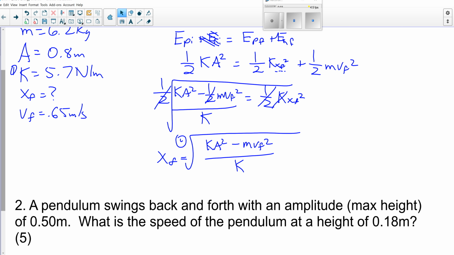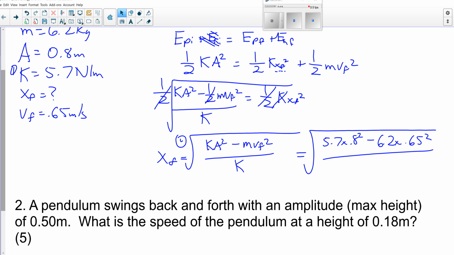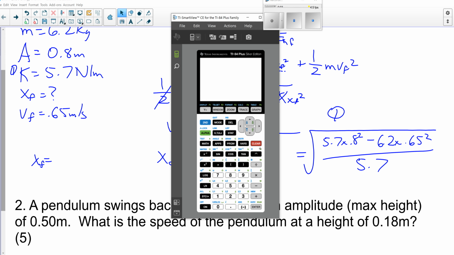Numbers plugged in correctly, so that would be 5.7 times 0.8 squared minus 6.2 times 0.65 squared, divided by 5.7. That can be their fourth mark, and then that will get us our final displacement, or how far from equilibrium it is when it's moving at the requested speed.